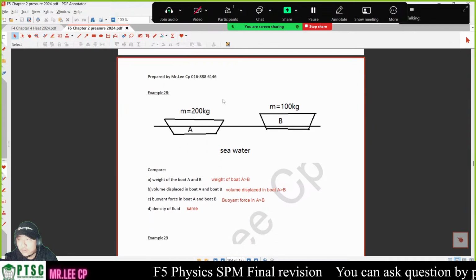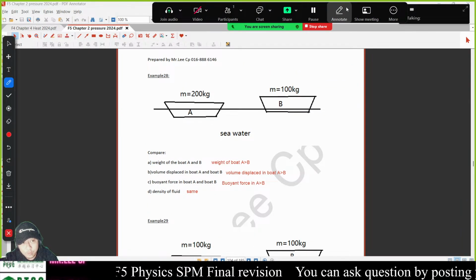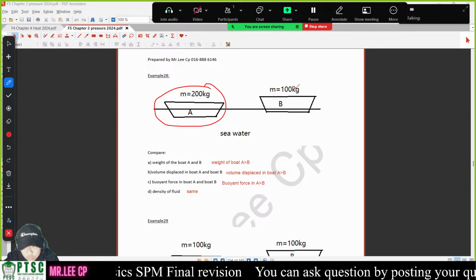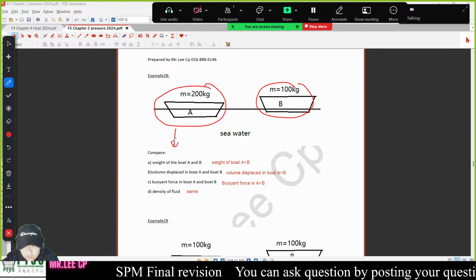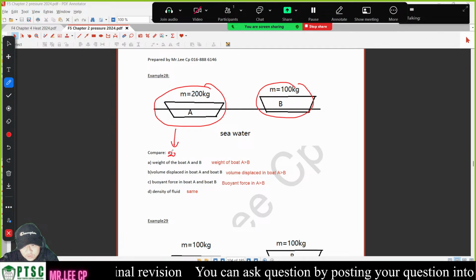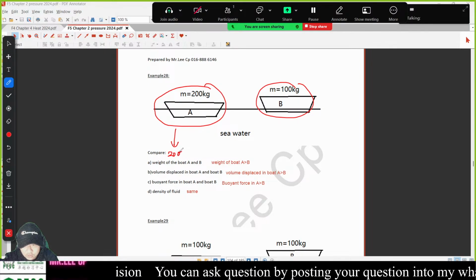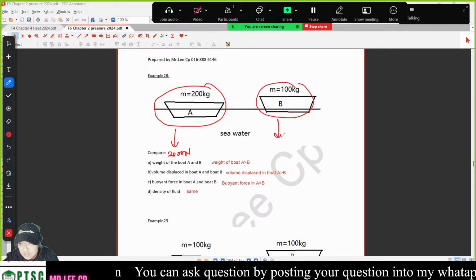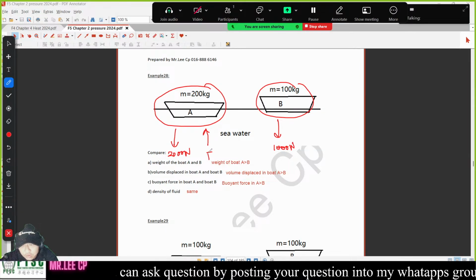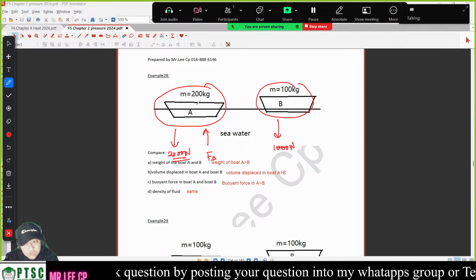Now, make sure you know, there will be a few kinds of question. Sometimes they'll give you two different masses, so the weight will be different. The weight is two. I use gravity as 10, so 2000. So this one is 1000. So your buoyant force is equal to the weight, so that it can float.